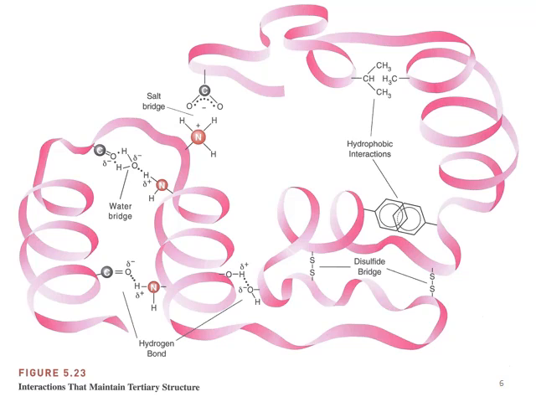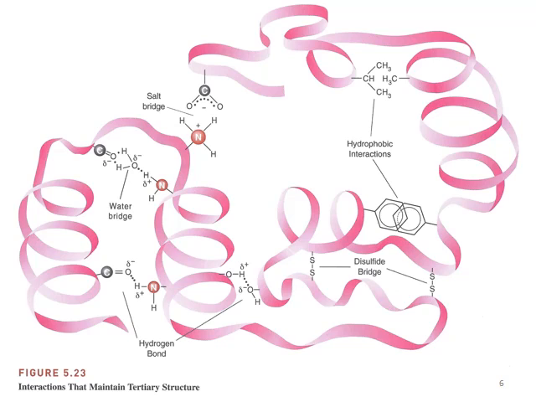These are some of the interactions that maintain tertiary structure. As you can see, there are interactions such as hydrophobic interactions, salt bridges that are ionic in nature, water bridges, and hydrogen bonds, as well as disulfide bridges.